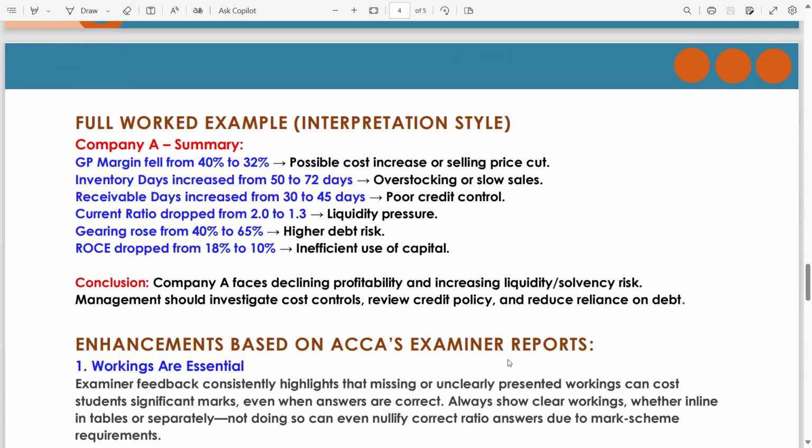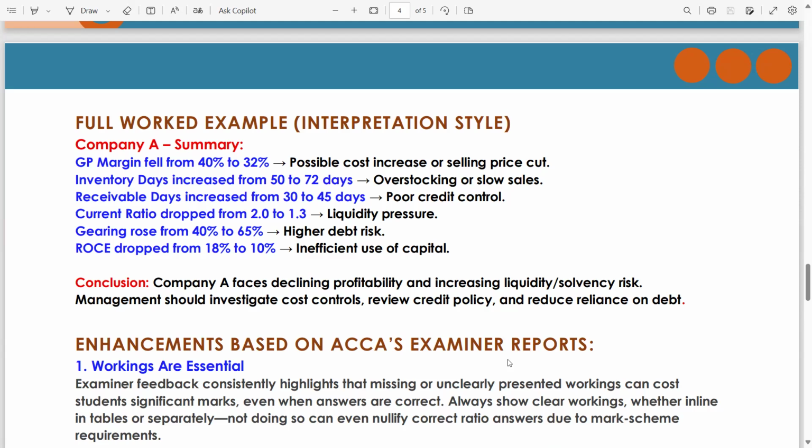Now, full worked example, interpretation style. Company A summary. Let's say Company A's GP margin fell from 40% to 30%. What do you think? Just do the brainstorming in your mind. Just pick the points. Why is the GP margin going to fall?